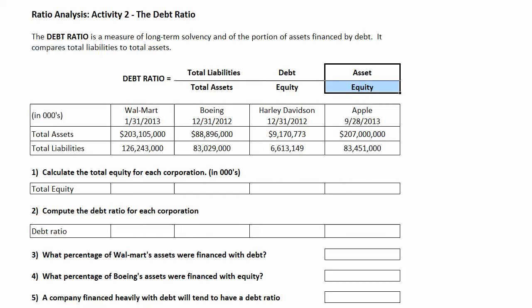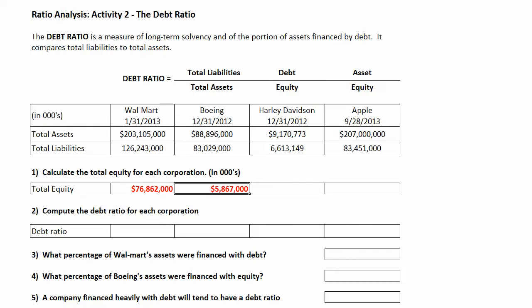In terms of Walmart, Boeing, Harley-Davidson, and Apple, let's go ahead and calculate the amount of equity for each corporation. For Walmart, the total equity is $76 billion. That's the $203 billion in total assets, minus the $126 billion in total liabilities.